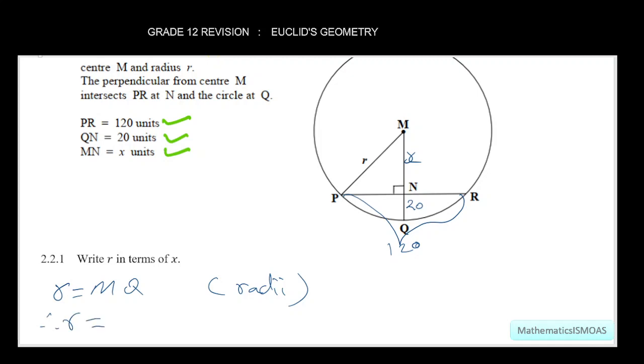Therefore, R will be equal to what? What is MQ? MQ will be MN plus NQ, which will be X plus 20. Therefore, R will be equal to X plus 20. That will be R in terms of X. Okay.